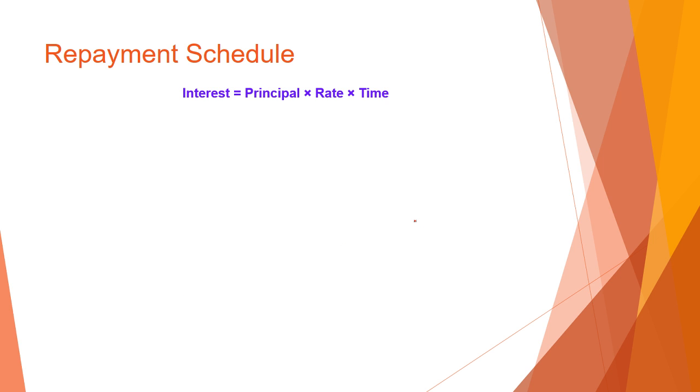To find the interest, you should have known this formula from Unit 2. Interest equals principal times rate times time. The payment to principal, so how much of your amount goes towards the principal, is you taking the monthly payment and subtracting the interest from the monthly payment.